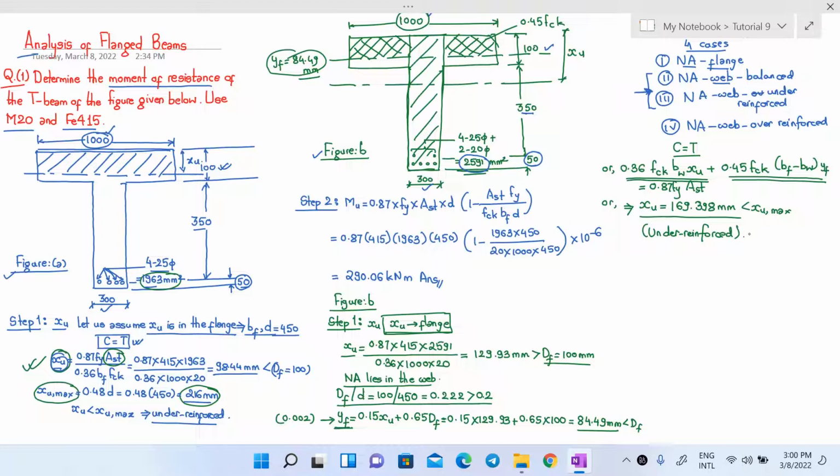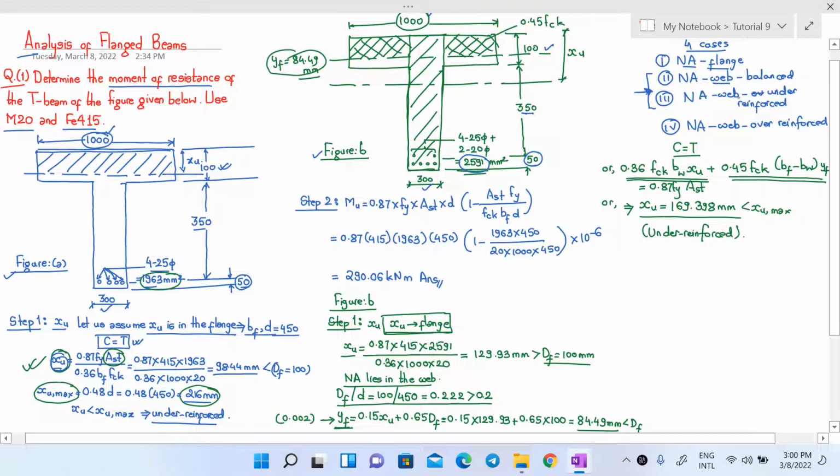That means we got to the third step, or the third case that we discussed in our previous lecture. Remember that in this third case we had two cases. One case was when the value of Df by xu was less than or equal to 0.43, and another case was where Df by xu is greater than 0.43.